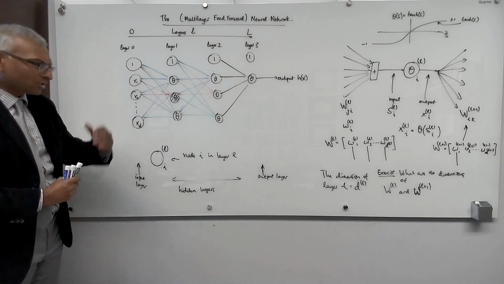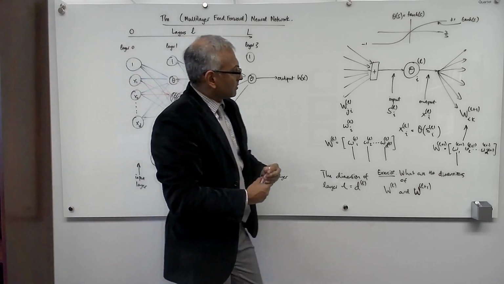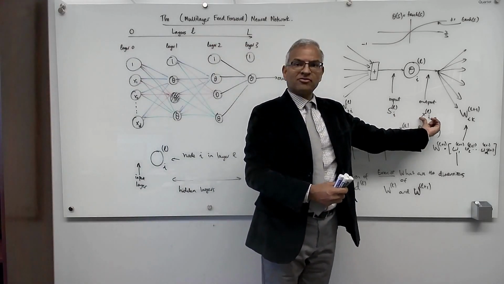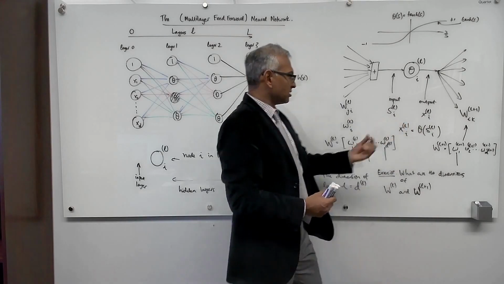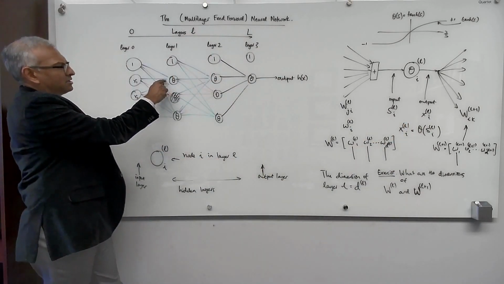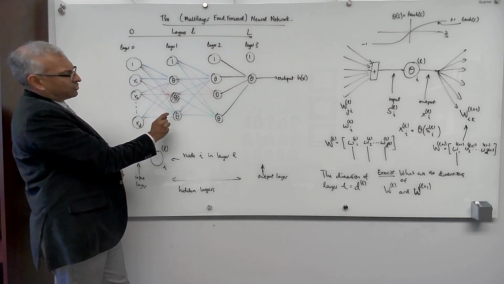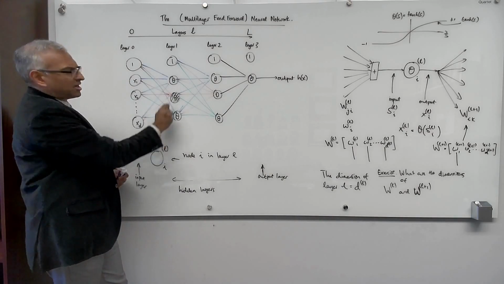Exercise. Now let's look at the inputs and the outputs of the nodes. There's an input to node 1, an input to node 2, an input to node 3, and so on. How many inputs are there?